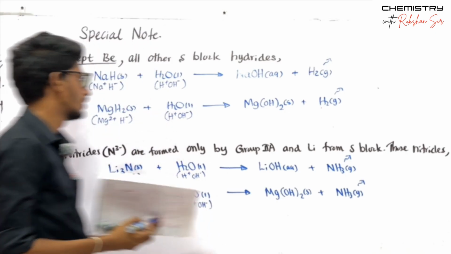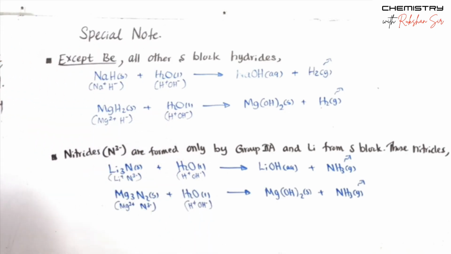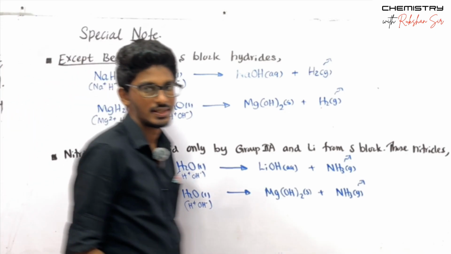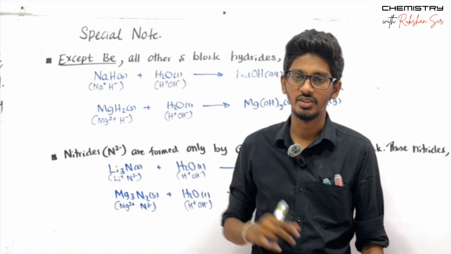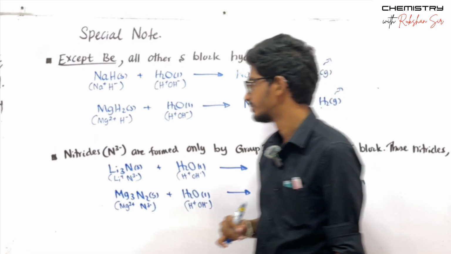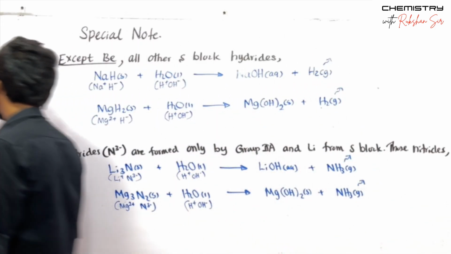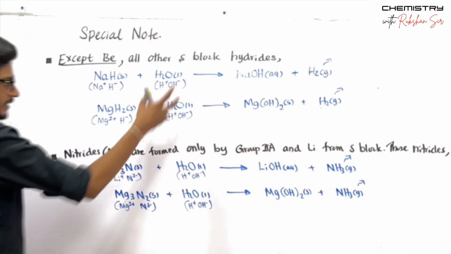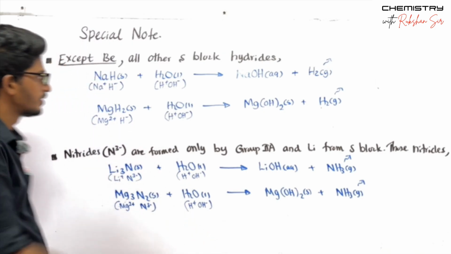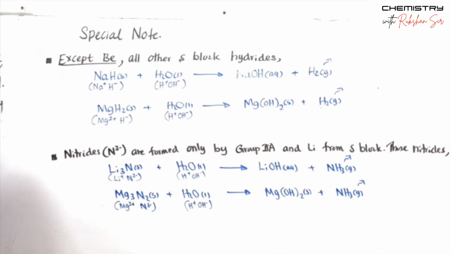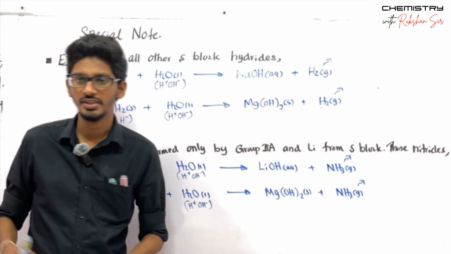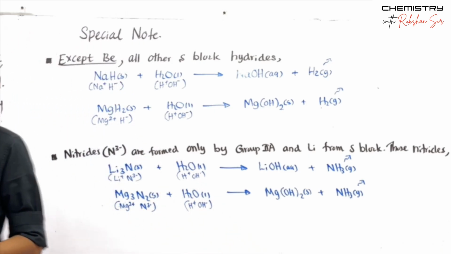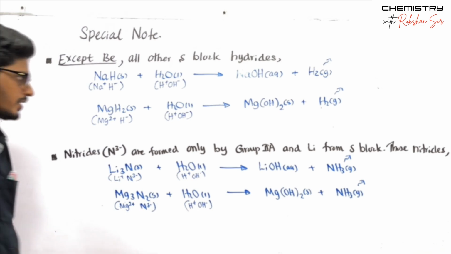So when S-block hydrides react with H2O, we will have the respective hydroxides as well as H2 gas. Right, gas liberations. Okay, just write this thing as well. All of these are considered as ion exchanges.